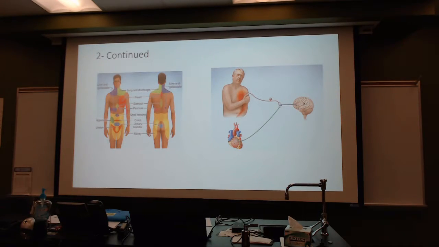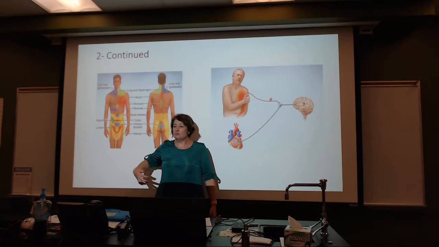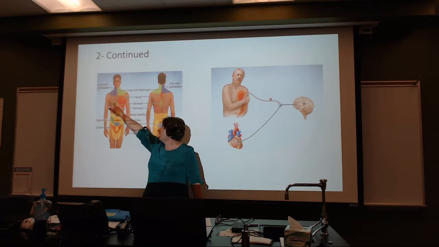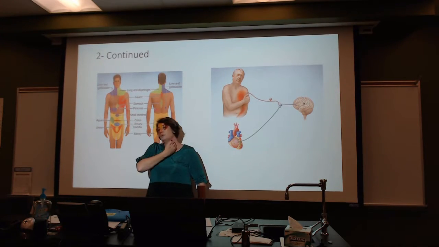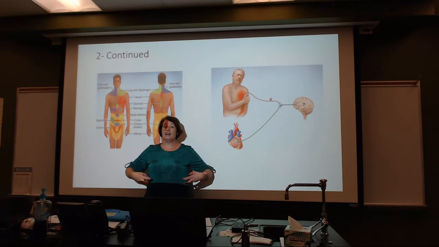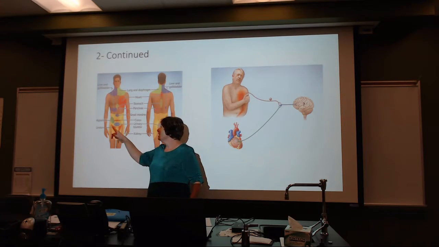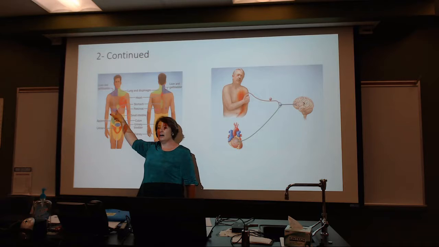So if we were looking at the gallbladder, look at how they're trying to show, like right here, and in some cases, people hurt up into their neck and so forth because of the gas and the pain and the pressure that it can cause. So see how they're trying to match it up.